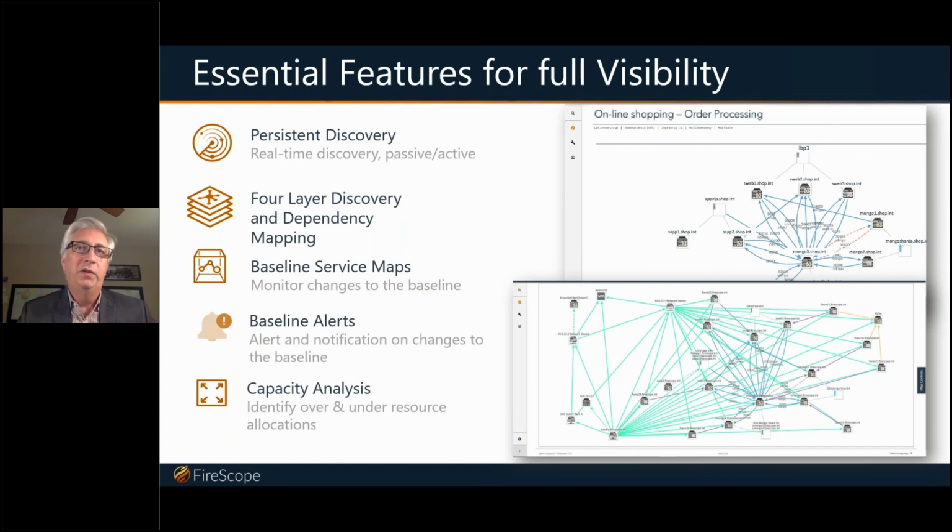So when that web server is vMotioned to that second vCenter, FireScope will show that new dependency change in the baseline map, and it'll be visualized in that layer. And then FireScope will also see the traffic from the support user going to the VPN and then to the jump host, and you'll see that at the application layer.